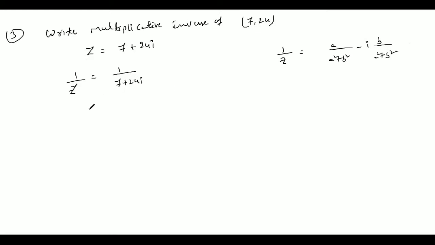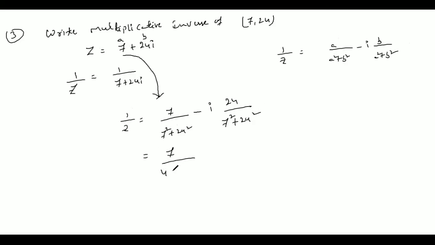If you apply this one, you can get the answer. Here a equals 7 and b equals 24. So 1 by z equals 7 by 7 square plus 24 square minus i into 24 by 7 square plus 24 square, that equals 7 by 49 plus 576 minus i into 24 by 49 plus 576.